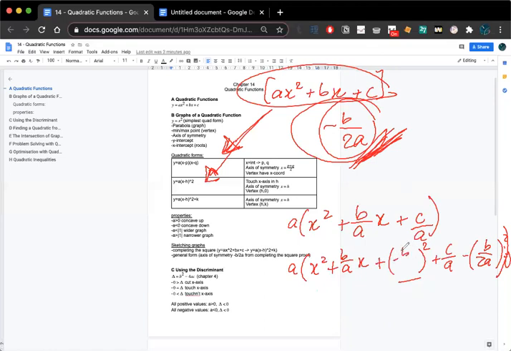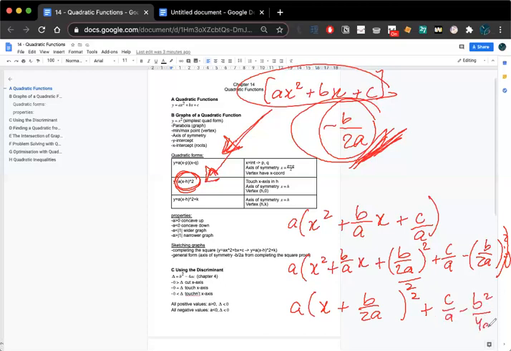So from this, you can finally factor this into somewhat this form and complete the square. So it becomes x plus b over 2a, squared, plus c over a minus b squared over 4a squared.